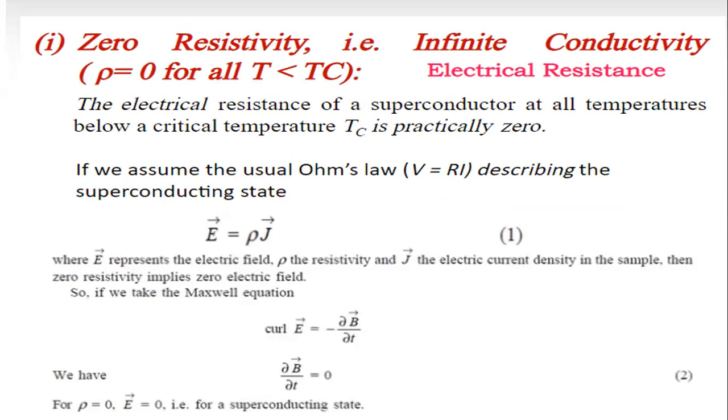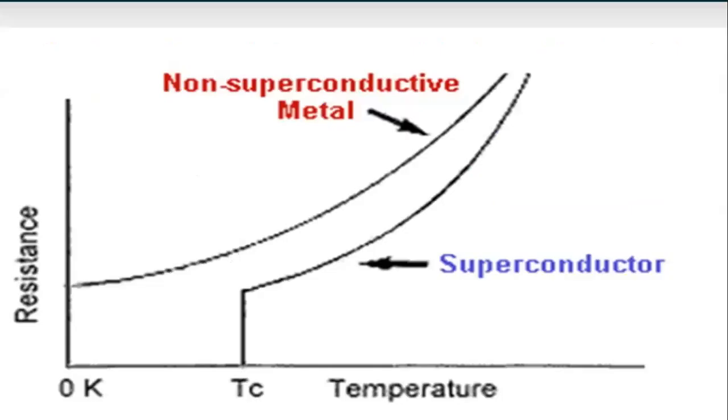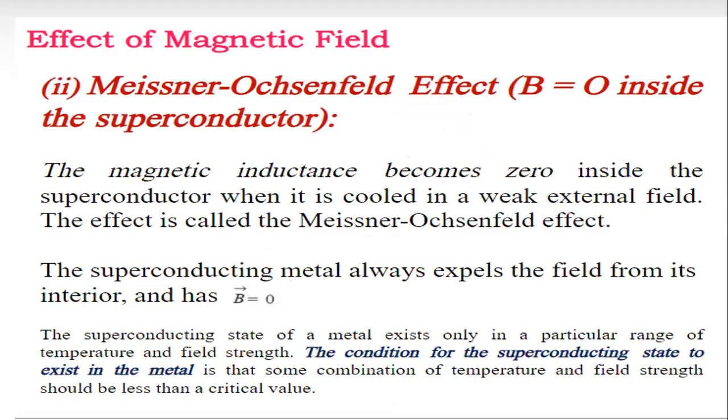At this juncture, conductivity is maximum. When we plot a graph between temperature on the x-axis and resistance on the y-axis, you will find that below the critical temperature the material is acting as a superconductor. Above this critical temperature, it behaves as a non-superconducting metal.